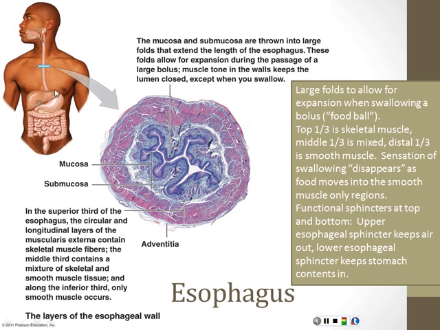And then down here at the bottom, where the esophagus meets the stomach, we have another region of the esophagus that stays tightly closed all the time. And that is the lower esophageal sphincter, or LES. That's the more famous one because when the lower esophageal sphincter isn't working right, that's one of the causes of acid reflux disease, right?